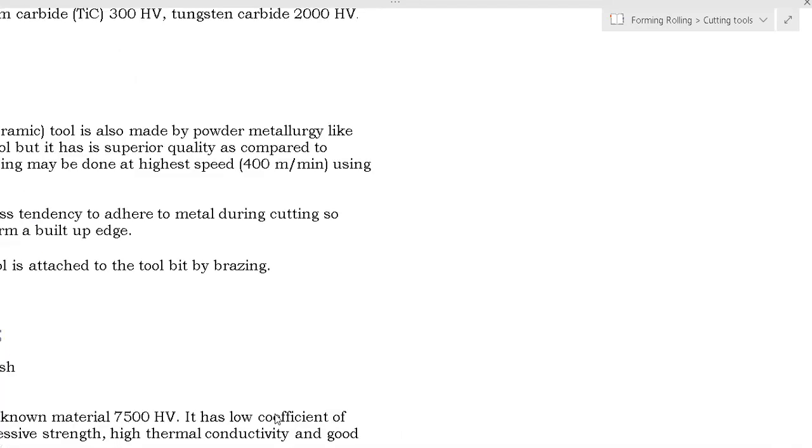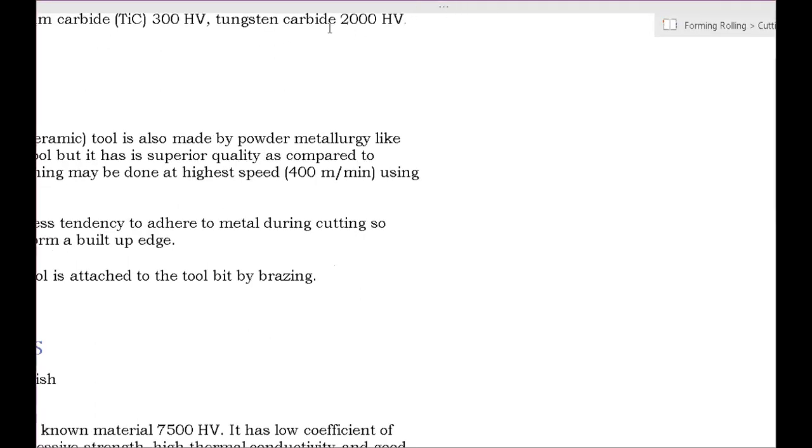Am I audible to all? Can you all hear me? Let me check my page. No, it is stuck somewhere. This I am teaching in OneNote.